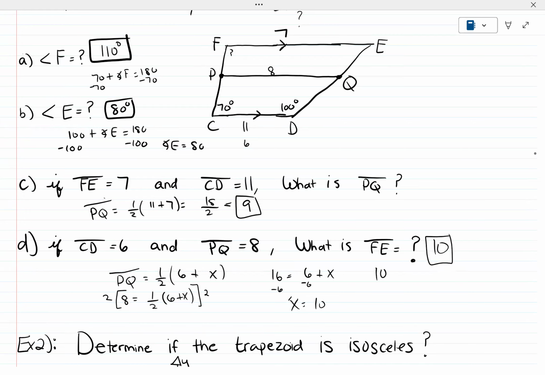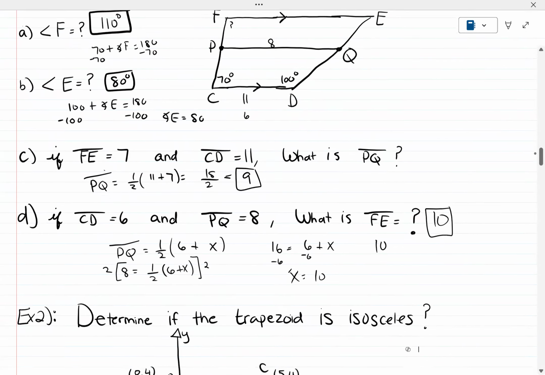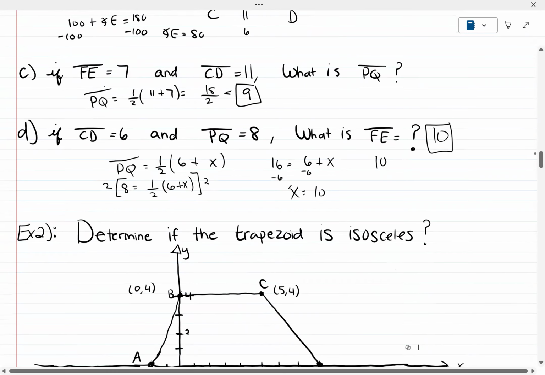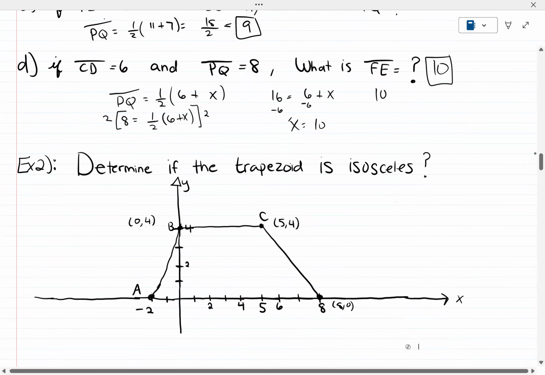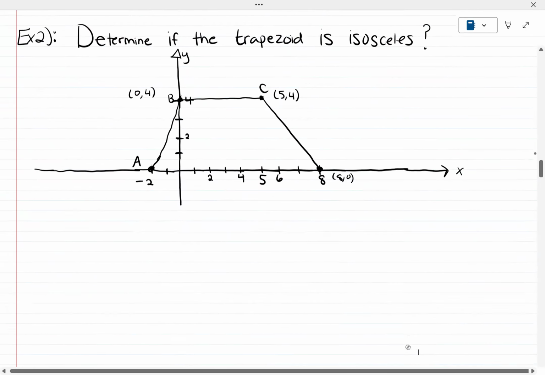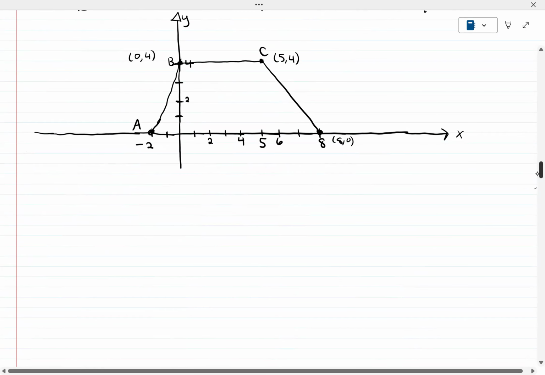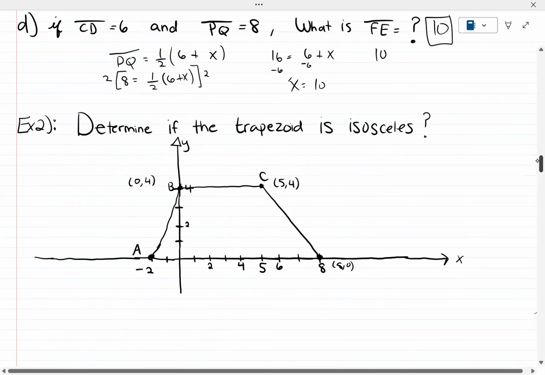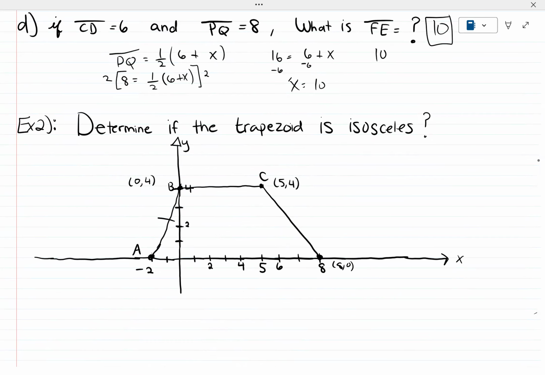Right, not too bad. Okay, let's move on to another example. Determine if the trapezoid is isosceles. What do we need to know in order for this to be an isosceles trapezoid? That means this length is equal to this length.